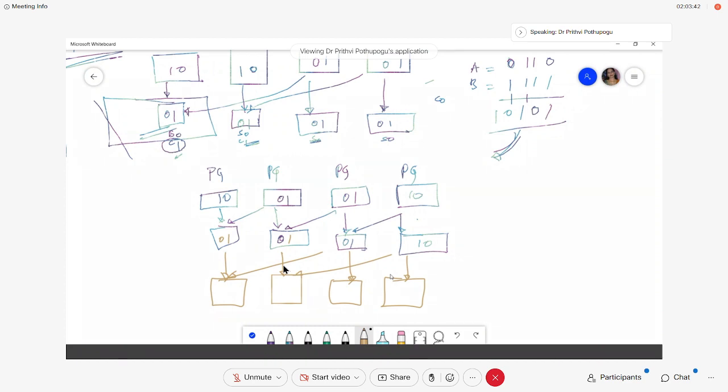That means your carry should be 1 here, sum should be 0, sum should be 1, sum should be 0, and sum should be 1. Check from the first stage whether you are getting that correct or not. Do this as an assignment, an evaluation for these two examples, using the Kogge-Stone adder for binary.